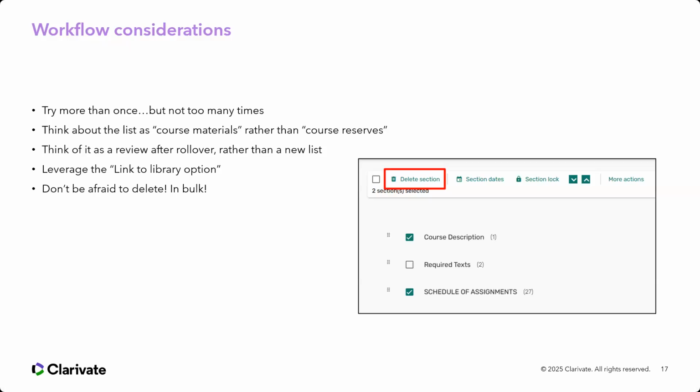I already talked about the link to library options, so I won't go into that one again, but this is a nice way to take what you can get out of the AI, and then in a couple of steps have this be a link to the library collection. What's nice about the link to library is that it essentially runs the library search for you.